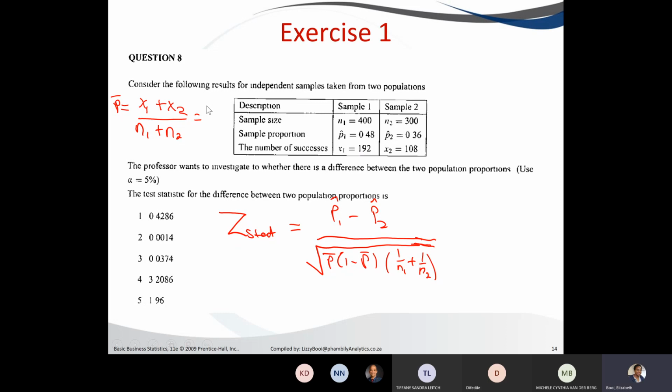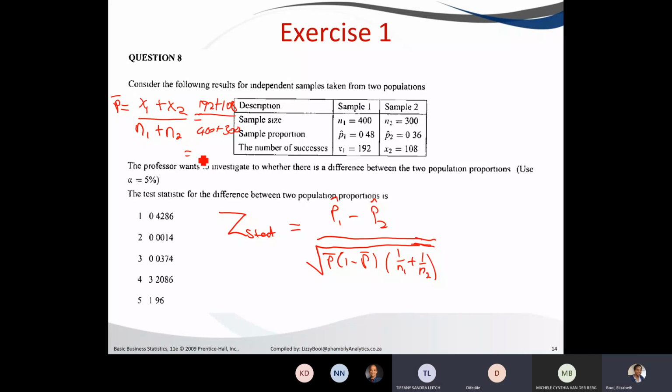The pooled estimate: 192 plus 108 divided by 400 plus 300. What was the answer? 300 divided by 700.